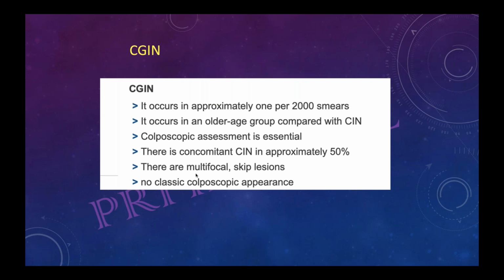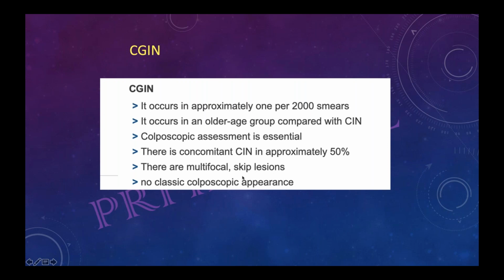Usually we deal with squamous cells, so they have got lesions that we are able to see. Skip lesions are not there, but in glandular lesions there could be many lesions. Some lesions you will see from outside, but there could be some lesions inside, because these glands lie in the endocervix.